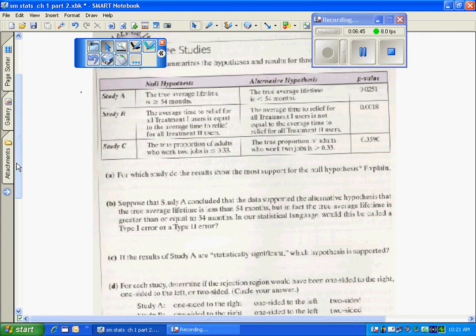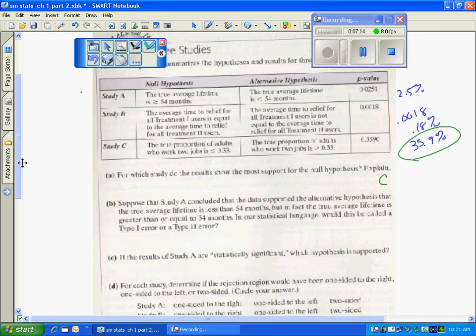Looking at these values, it looks like 2.5%, 0.0018 is 0.18%, or about 35.9%. So study C supports the null. My observation is going to happen 36% of the time if my null is true. I'm going to go with my null. It's not the first time it's been tested, but we're going to use this information to support what's there.